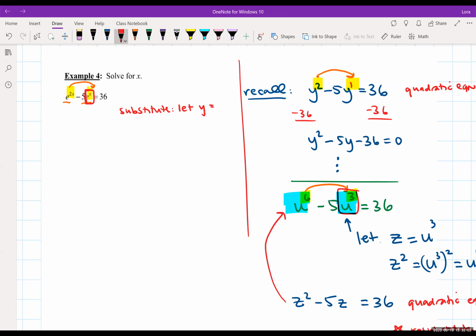Now, if that is the case, the same idea is happening. If you want to figure out what e to the 2x is, you can think backwards, sort of, if you want to play with me. Another way to talk about e to the 2x is to rewrite it as e to the x, squared.